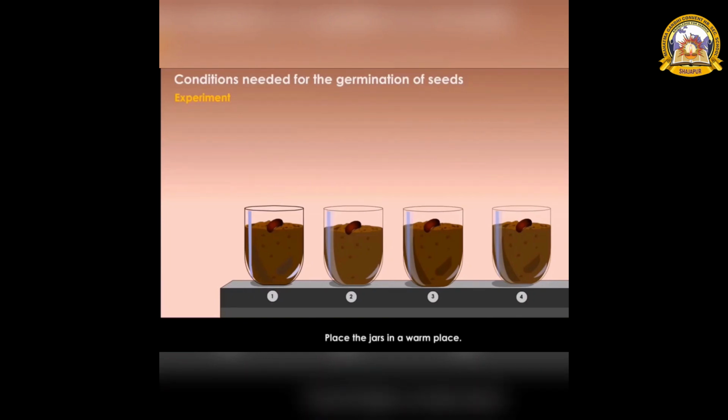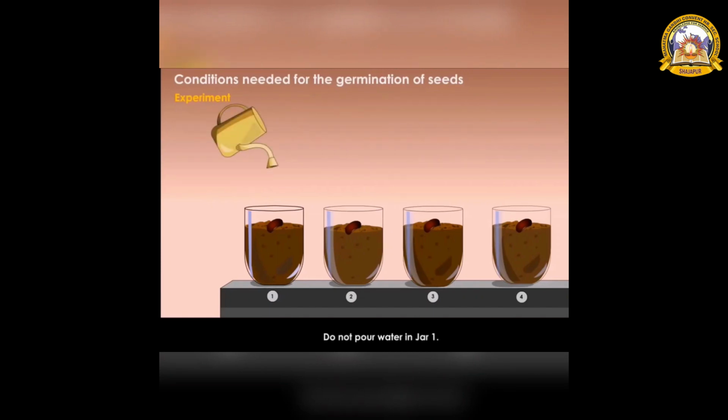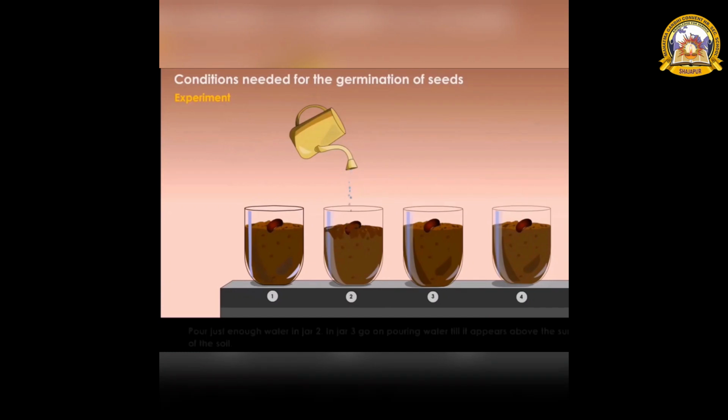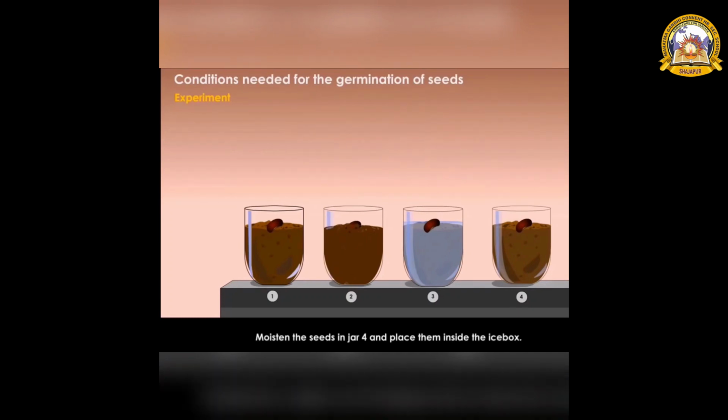Place the jars in a warm place. Do not pour water in jar 1. Pour just enough water in jar 2. In jar 3, go on pouring water till it appears above the surface of the soil. Moisten the seeds in jar 4 and place them inside the ice box.